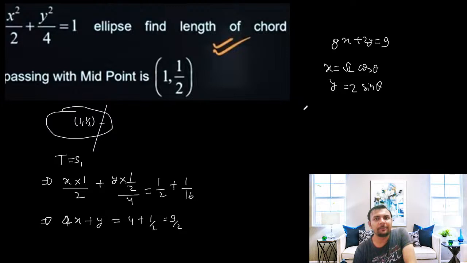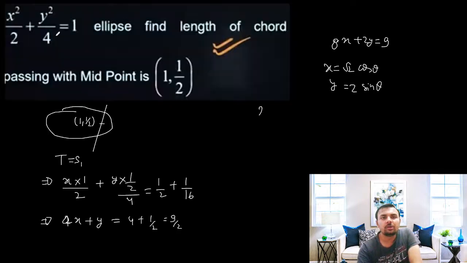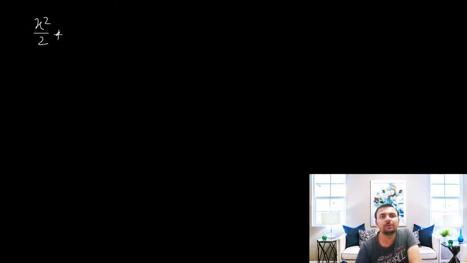No, we have to solve this. Or if we have any formula, remember in our mind, we can work with this. So x square by 2 plus y square by 4 equal to 1, where y is nothing but 9 minus 8x by 2, whole square by 4 equal to 1. I think we have to calculate the coordinate axis. Isn't it becoming difficult?